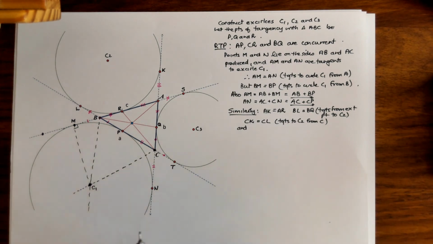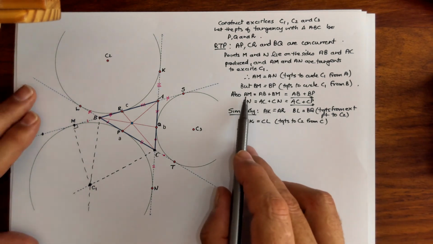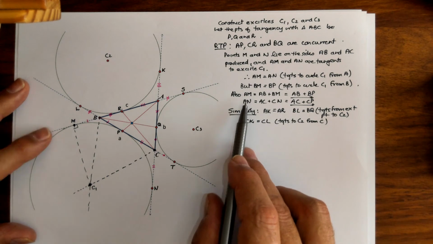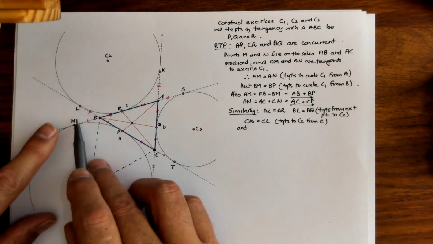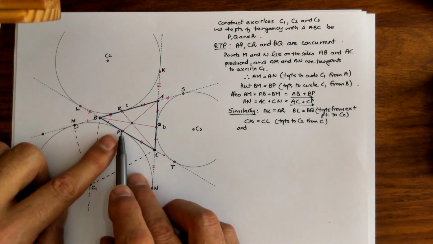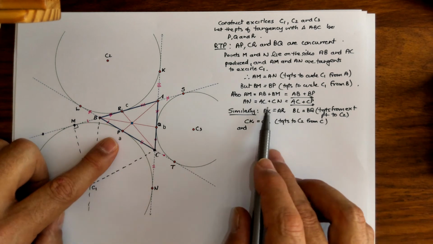Okay, so we've got to realize that we don't have to prove it again. We want to get to the same conclusion as what we had here, that the line segment AM was equal to AB plus BP, and AN was AC plus CP. That is what we wanted.